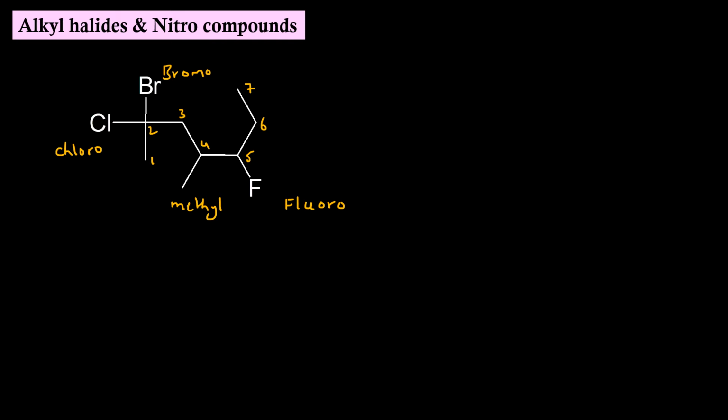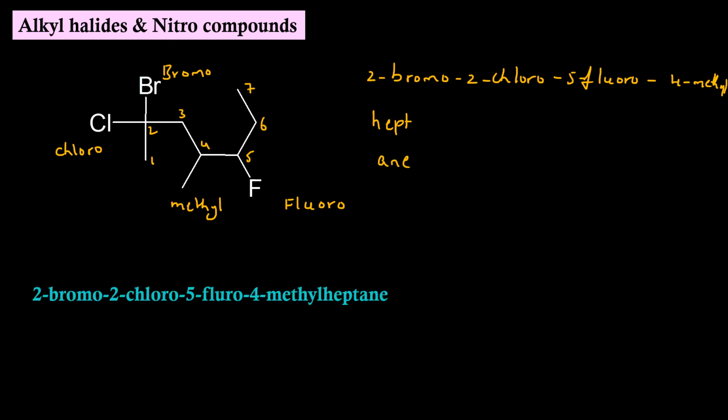Alphabetically, if we try to arrange, then the secondary prefix will be 2-bromo, 2-chloro, 5-fluoro, 4-methyl. No primary prefix. Root word will be hept. Primary suffix is ane. So the IUPAC name will be 2-bromo-2-chloro-5-fluoro-4-methylheptane.